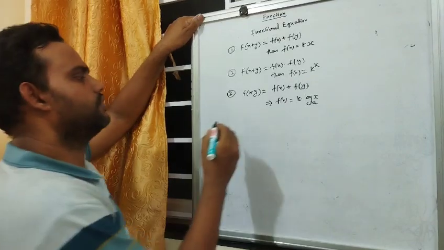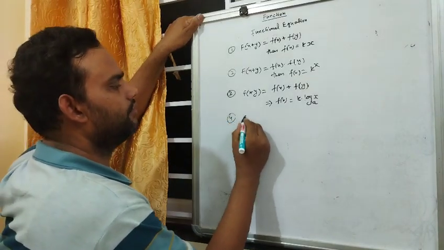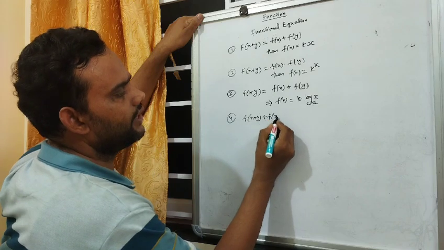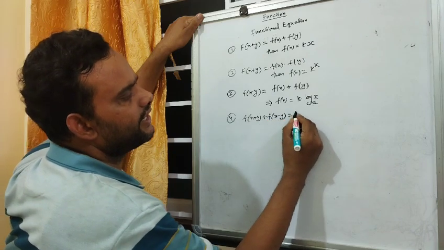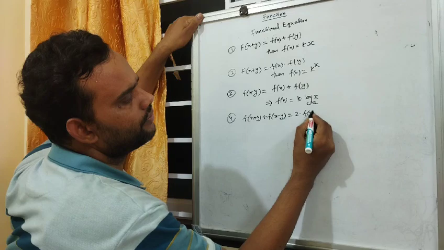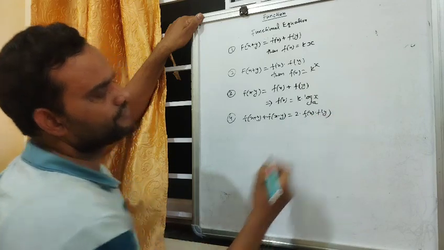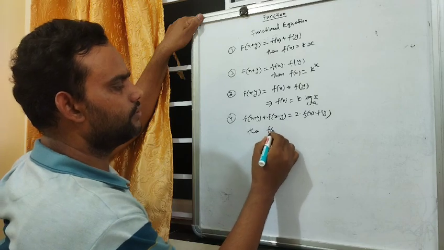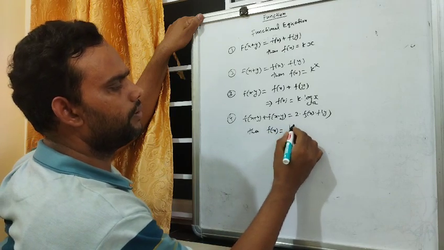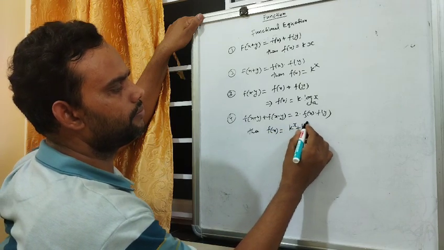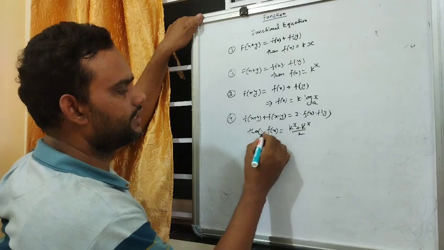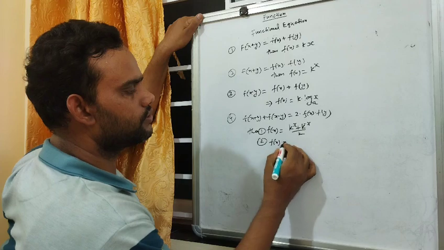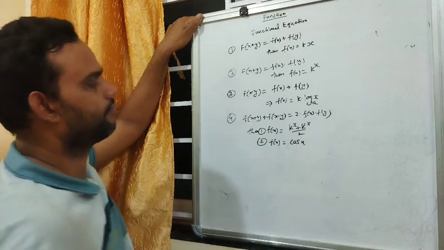Next, f of x plus y plus f of x minus y we can write as 2 into f of x into f of y. Then f of x equals k power x plus k power minus x by 2. Either consider this function or consider f of x equals cos x.